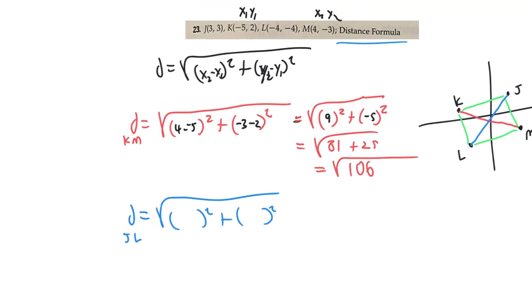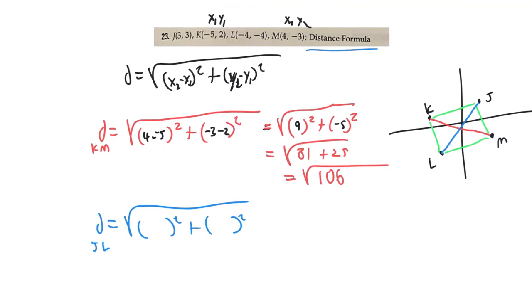And doing something similar with the distance for JL, we can call J x1, y1. We could call L x2, y2. Therefore, we're looking at negative 4 minus 3 and negative 4 minus 3 again.